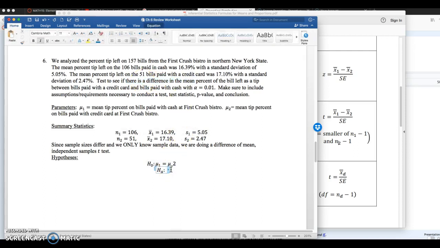So we're going to set mu sub 1 not equal to mu sub 2. So there's my null and alternative hypothesis for this scenario. And next, assumptions and requirements. Let's write that up.